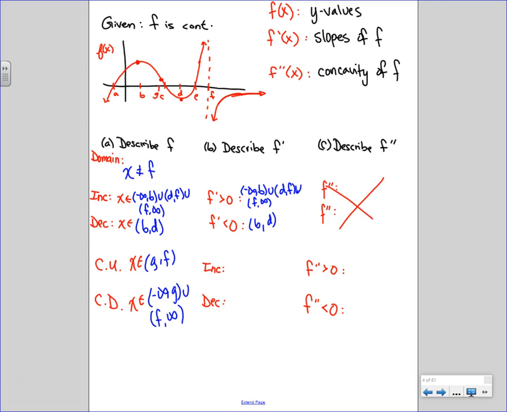With the concave up portion, which is right here, what's going on to those slopes? If slopes are negative going to 0 and then going positive, what are the slopes doing? Negative to 0, 0 to positive. And how are they changing? They're increasing, right?